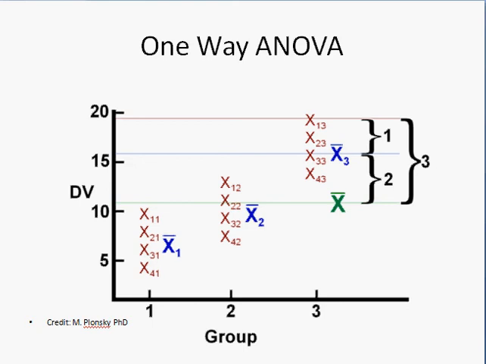In this chart, we're looking at data point x13. It's in subgroup 3. We have 3 subgroups, group 1, 2, and 3. The big brace with the number 3 next to it is the total difference from the sample average for that observation.